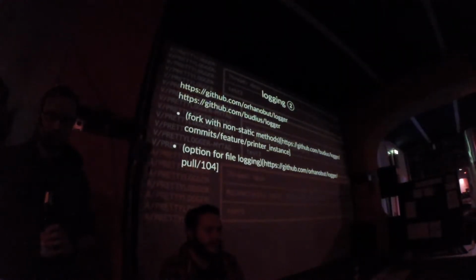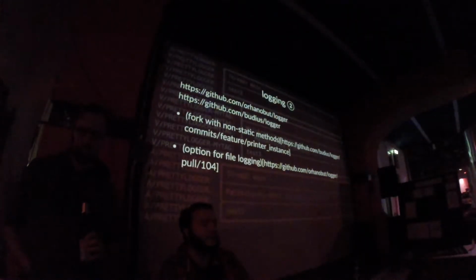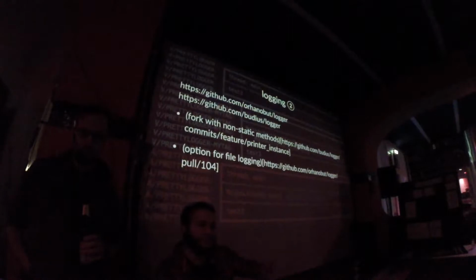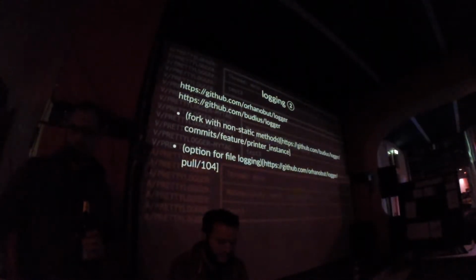So it's the type of stuff you have to have in mind. And this library was fully static. It's just static calls everywhere. So at least I hooked up some method that I could get an instance and use just my instance of the library to not mess up the host application. As Falco said, hopefully it gets merged soon in the main branch. So there's a pull request. If anyone wants to help, vote it up.